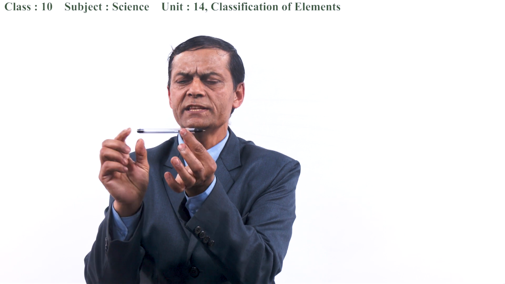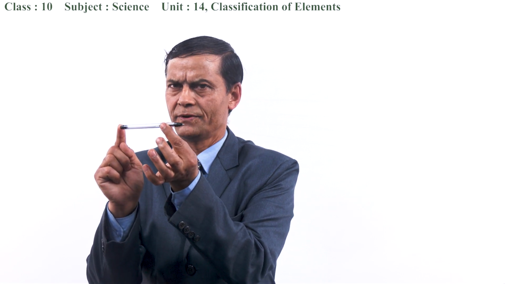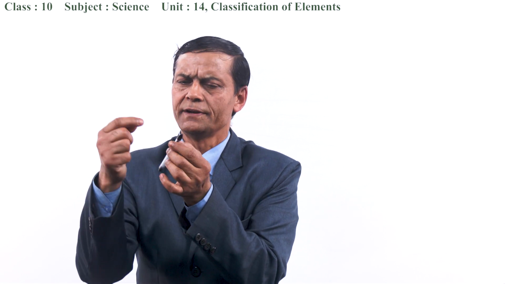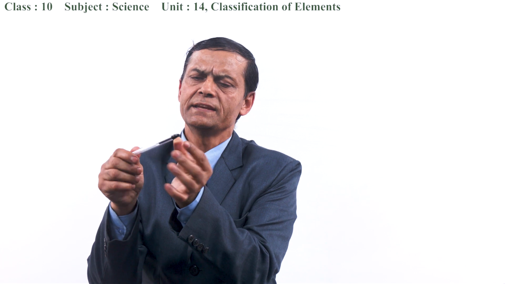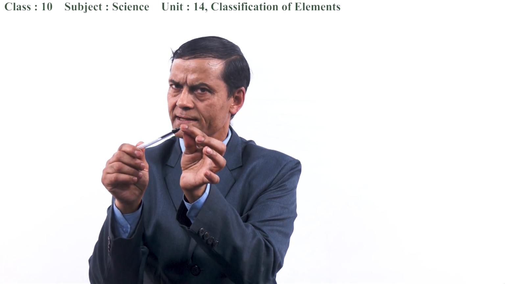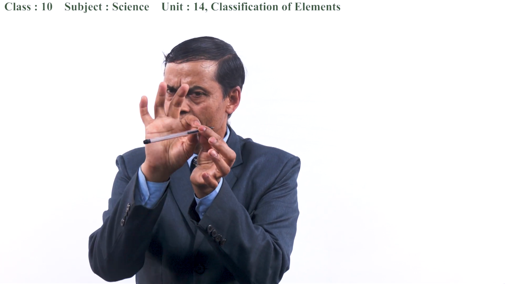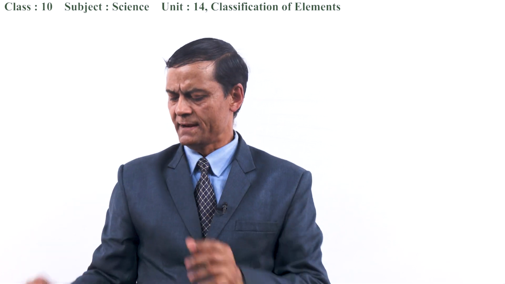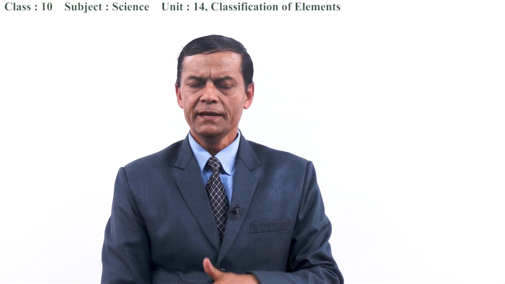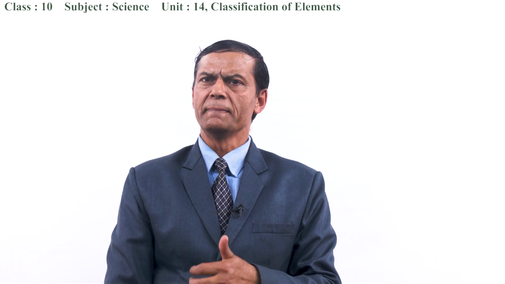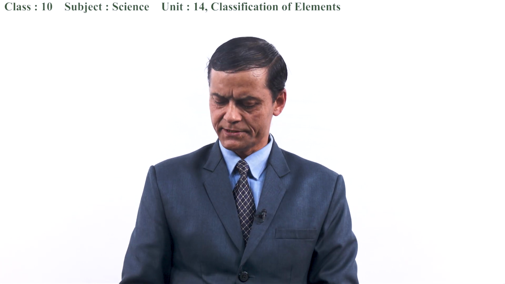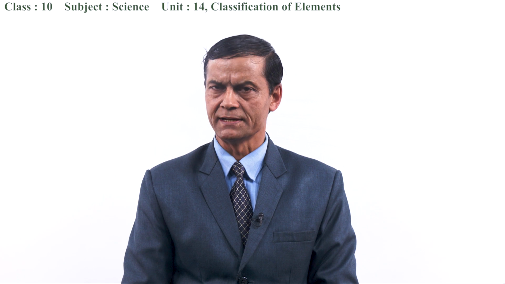In this pen, which part is metal? Yes, here is the nib, this nib is metallic and the other body part is non-metallic. Similarly, in our daily life we are using metals and non-metals, and some of the elements have both characteristics of metal as well as non-metal, isn't it?